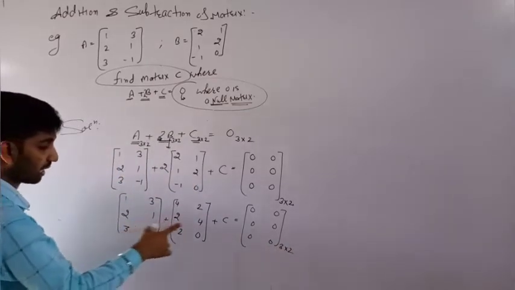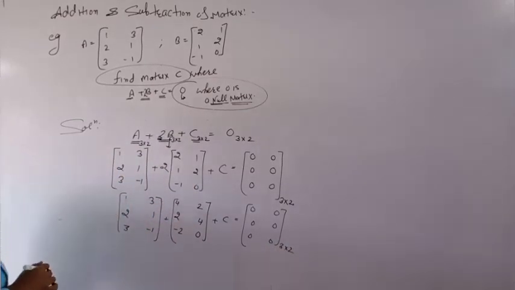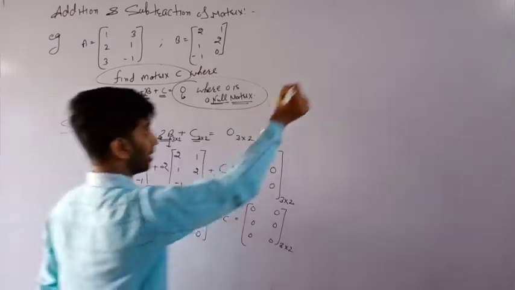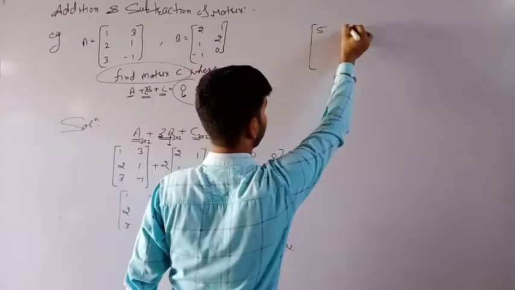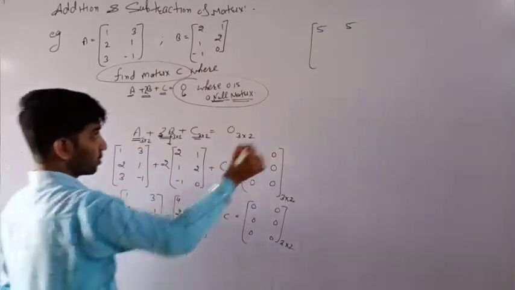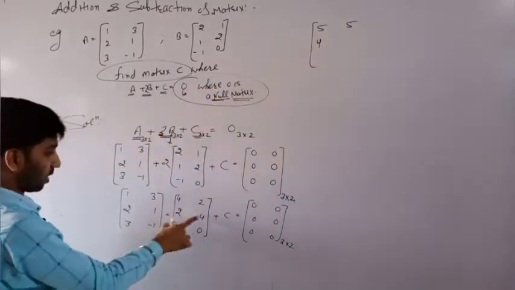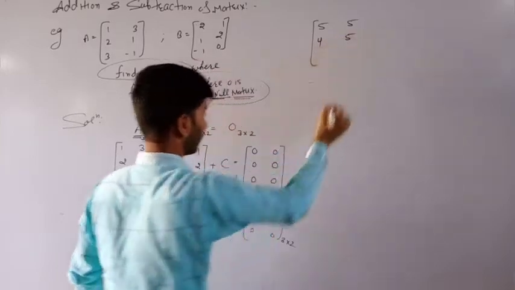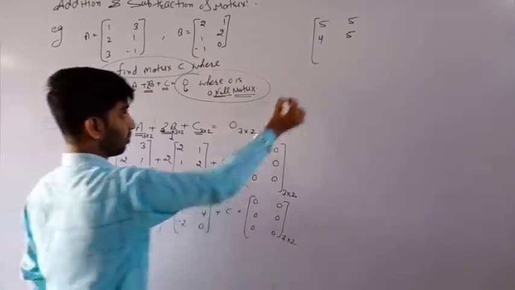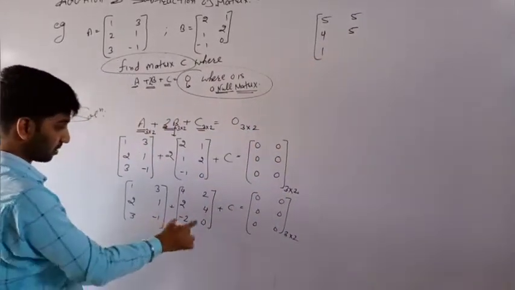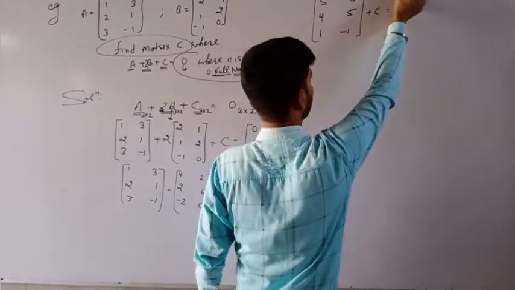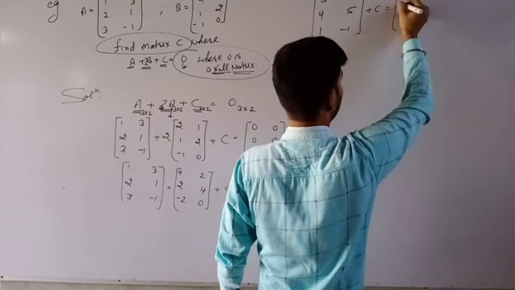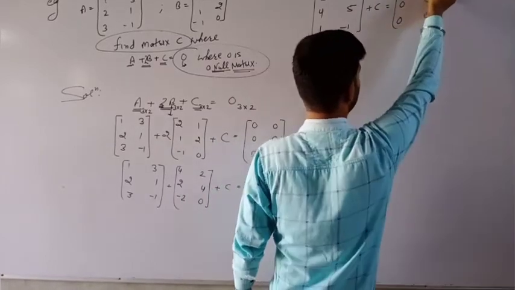If we want to add two matrices, then their corresponding elements will be added. 1 plus 4 is 5, 3 plus 2 is 5, 2 plus 2 is 4, 1 plus 4 is 5, 3 plus minus 2 is 1, minus 1 plus 0 is minus 1, plus C is equal to 0; all the entries on the right side will be 0.